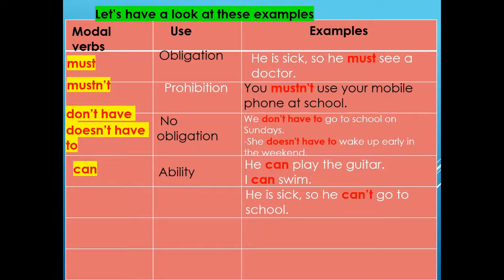Let's move to the next one. He is sick, so he can't go to school. The modal in this example is can't, and the meaning is inability. Let's go back to the picture that we saw. We have a sick boy. Is he able to go? He is not able. So he is unable to go to school.